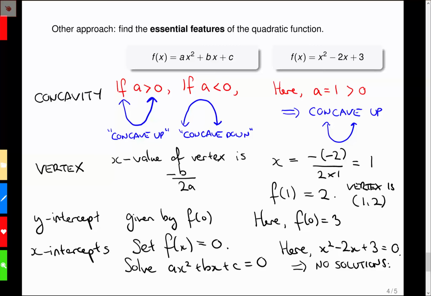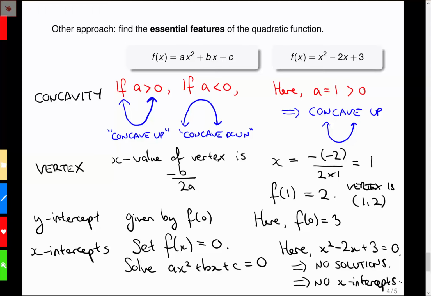And if you try and use the quadratic formula, you'll discover that the inside of the big square root will be a negative number, which means there will be no real solutions for x. This actually means that there are no x-intercepts, so that the graph will not cut the x-axis at all.